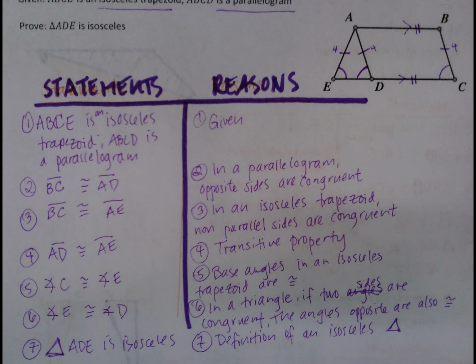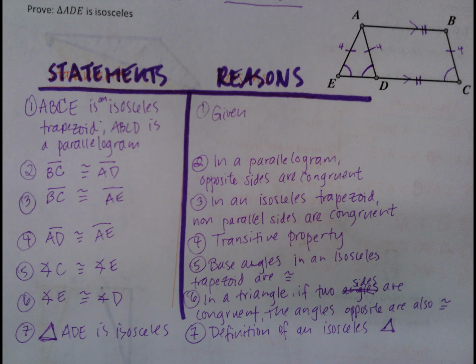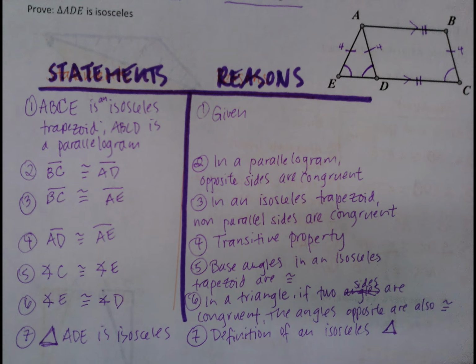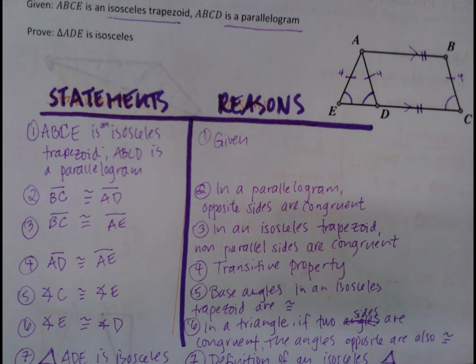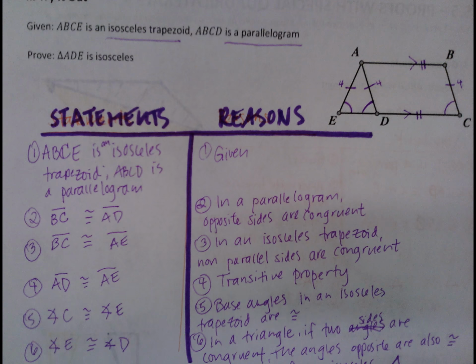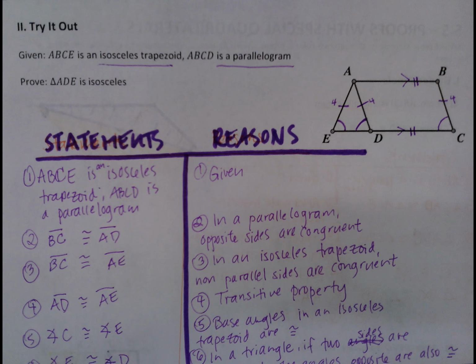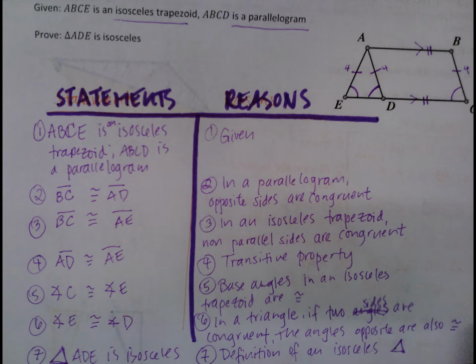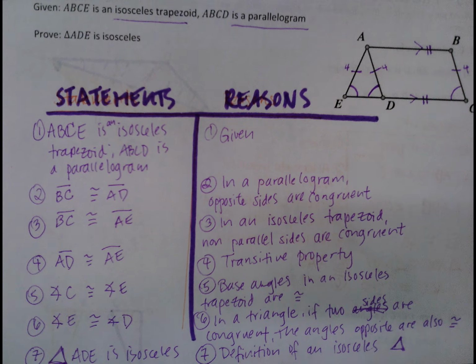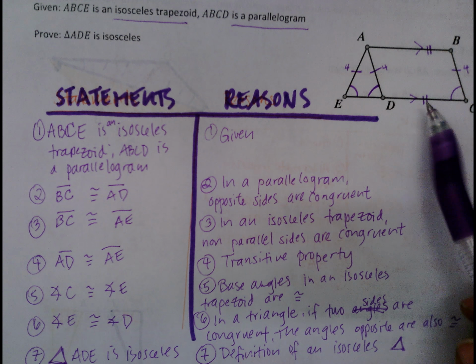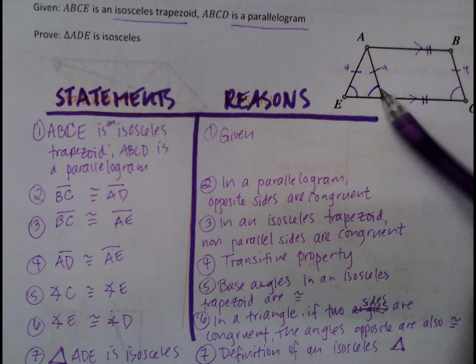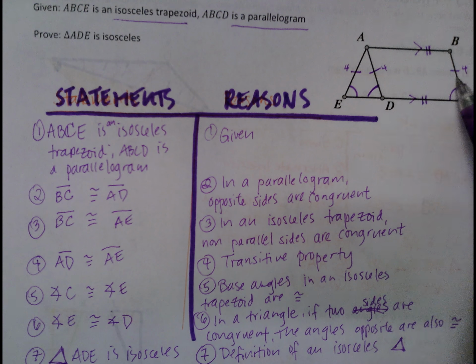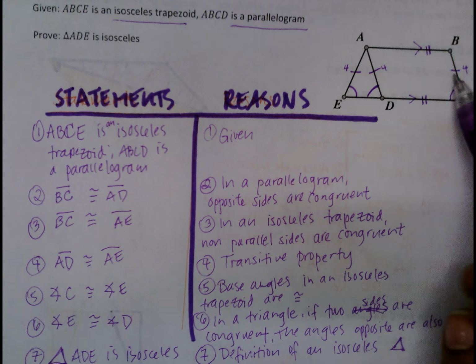And that's that. Okay, so just to recap what was written here, the first thing I did was I started with the given information. I marked up my diagram accordingly. I wrote the givens. Then, based on the properties of a parallelogram, I wrote here that these 2, AD and BC, are congruent. Based on the properties of an isosceles trapezoid, these 2 are congruent.